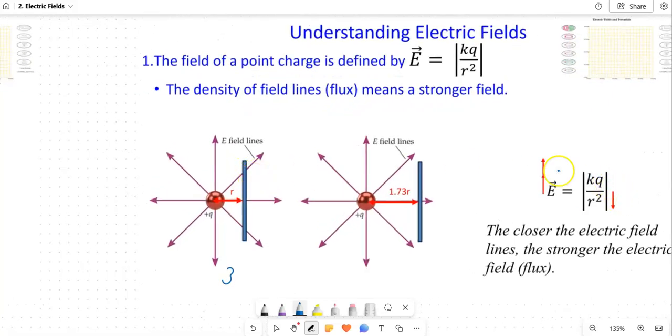There's actually a little cosine related to this, and we'll get more into this when we get into the continuum stuff for Physics 131 students. But see how this electric field vector is pointing up and to the right? Only the component that is perpendicular to the surface is the measurement of the electric field.